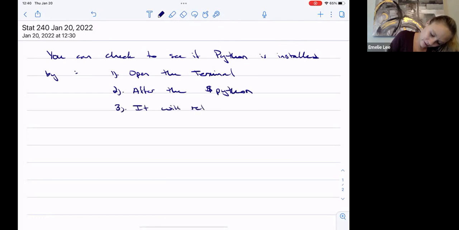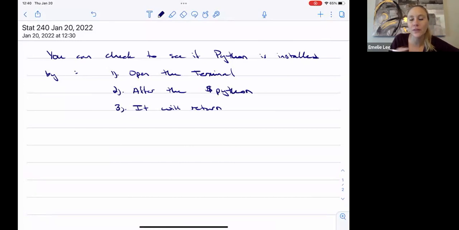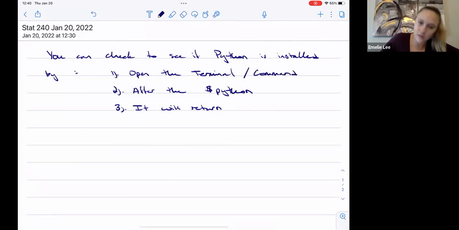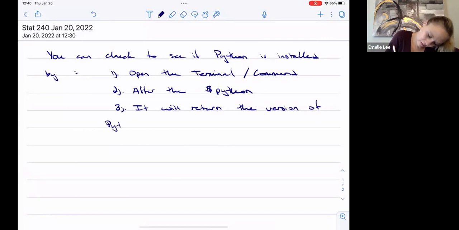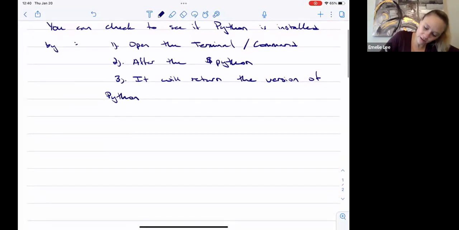It will return the command line, right? I think it's command, right? Thank you. Awesome. So it will return the version of Python that is currently installed.